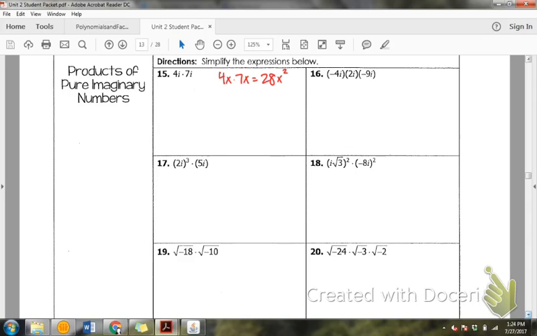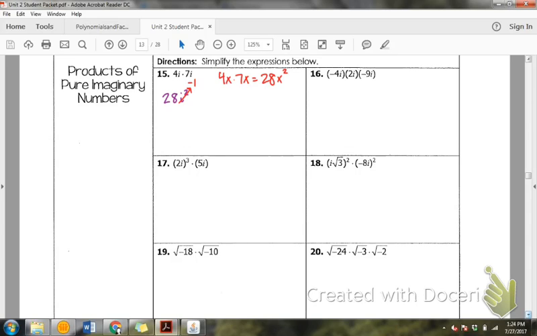This is the same process, okay? So 4i times 7i is going to be what? 28i squared. What did we always say about i squared, though? It becomes -1. So anytime you see i squared, you know it's becoming -1.